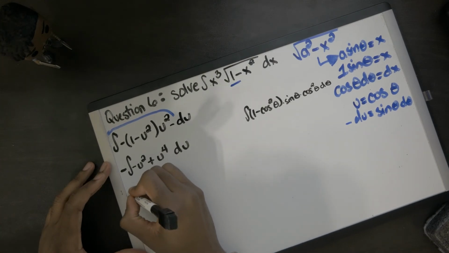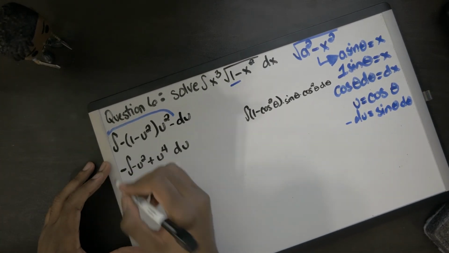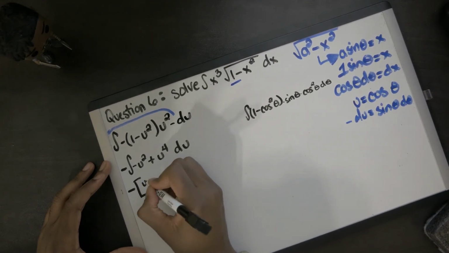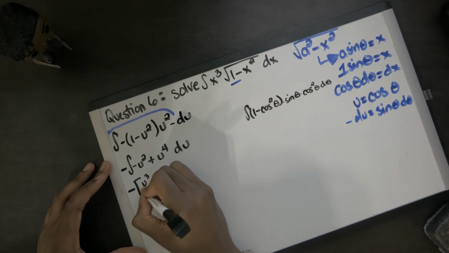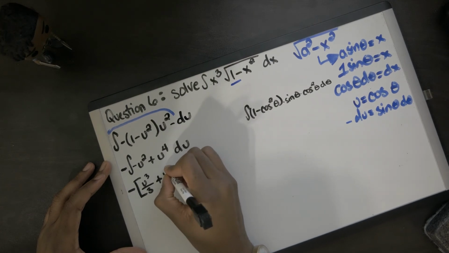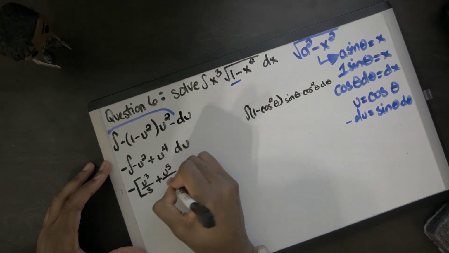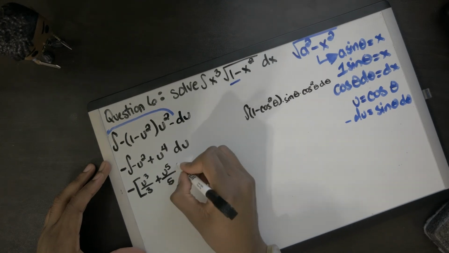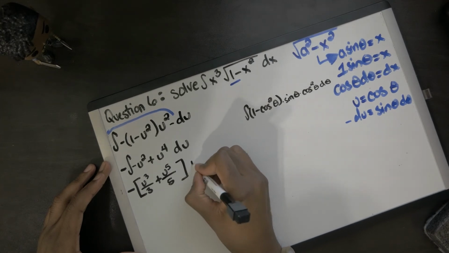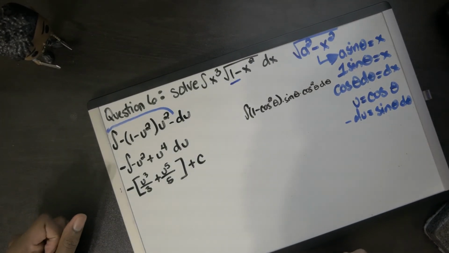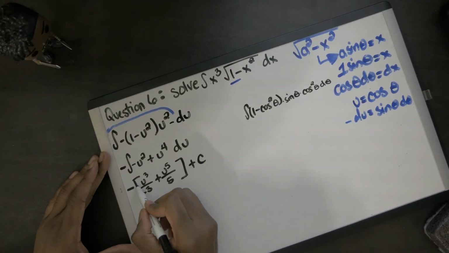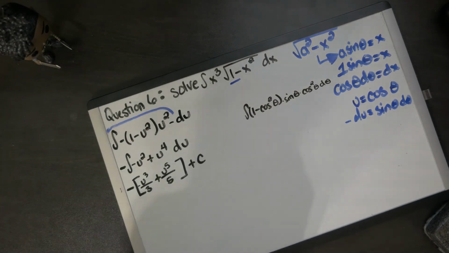So I'm going to do the negative of u to the 3rd over 3 plus u to the 5th over 5. And then, of course, we have a constant, which is c. All right, and then, of course, we definitely don't want to forget the negative here.